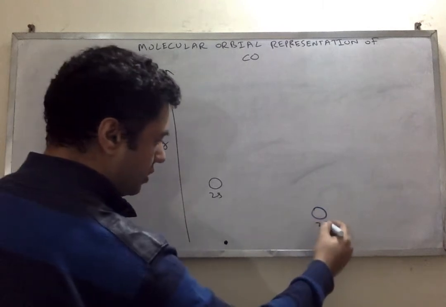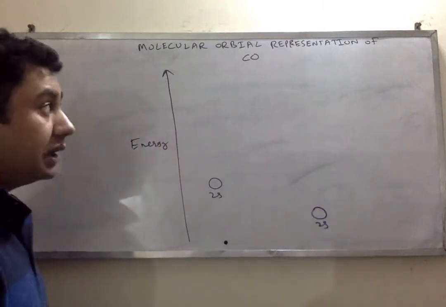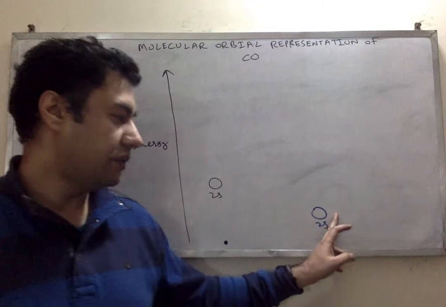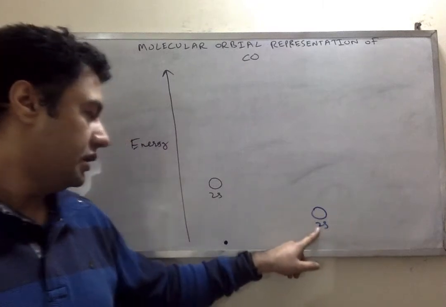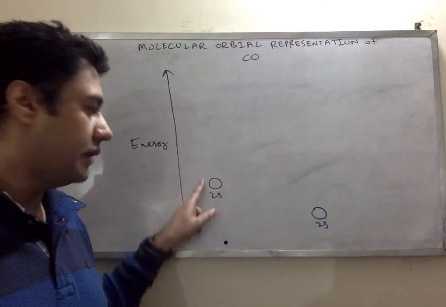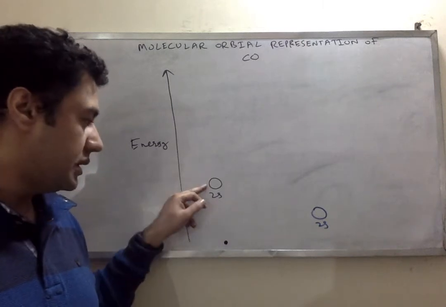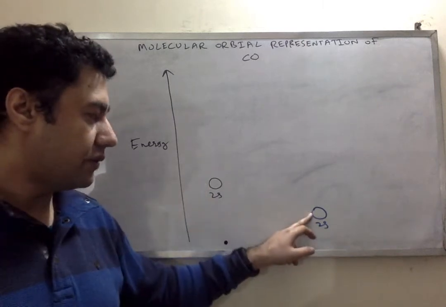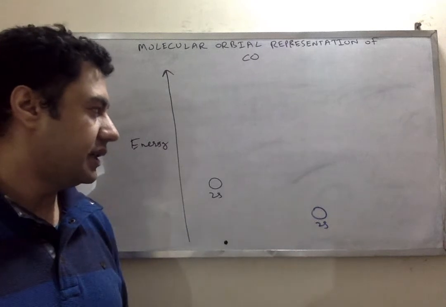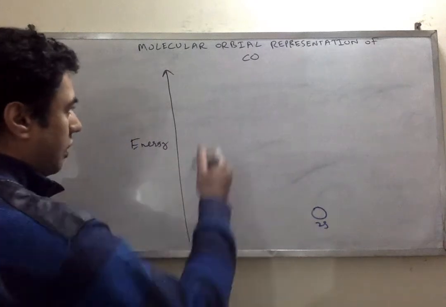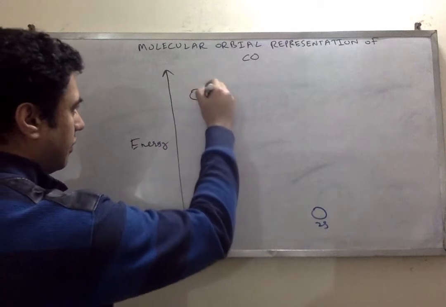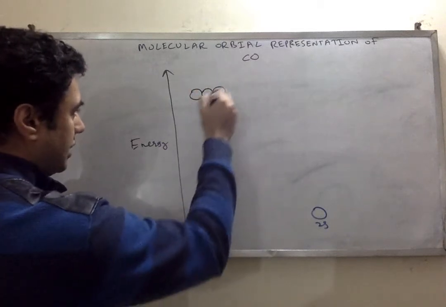This is the 2s orbital of oxygen, and since oxygen has greater atomic number, its orbital is at lower energy compared to the corresponding orbital of carbon atom. So this is the 2s of carbon atom and this is the 2s of oxygen atom with its energy significantly lower.